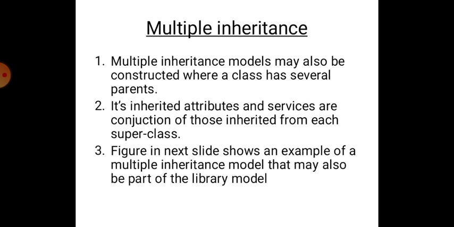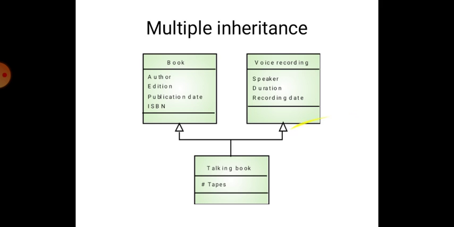Point number 3, the figure in the next slide shows an example of a multiple inheritance model that may also be part of the library model. So students, we are going to see in the next slide the case of multiple inheritance, but this figure also refers to the library. So you have a figure showing the multiple inheritance, that is, there are two parents and one child.